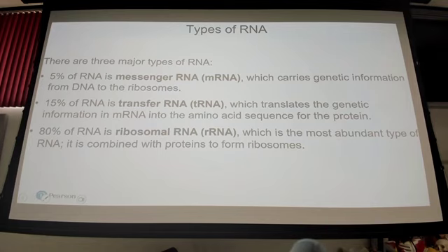What's the importance of messenger RNA? Template for the peptide strand. Why? What does it carry? Genetic information, and what's the name for genetic information? Codon, right? It carries a codon. What carries the anti-codon? tRNA, right? Does that make sense?